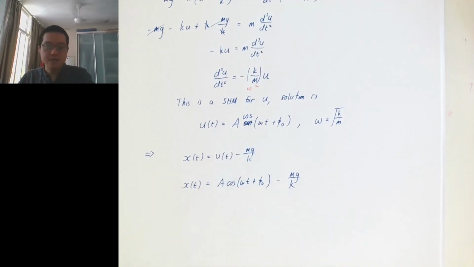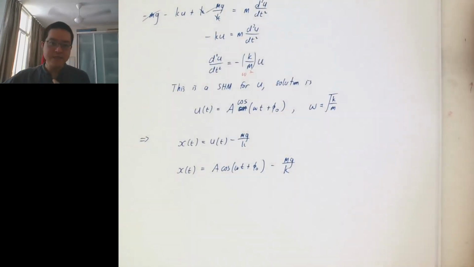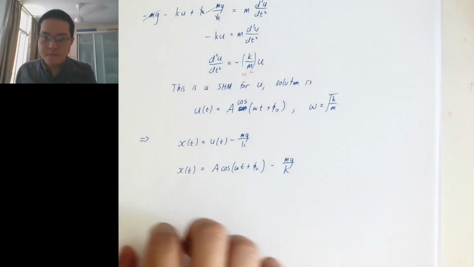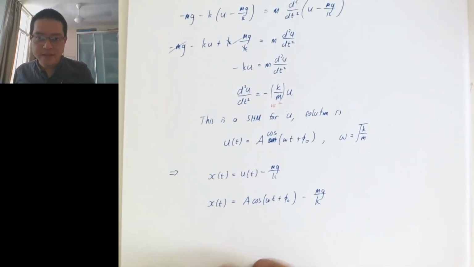Okay, so one of you guys, I don't want to reveal the name yet, but someone asked me this question, how to solve the vertical spring. So hopefully this makes sense to you. Okay, so this is the simple harmonic oscillation.